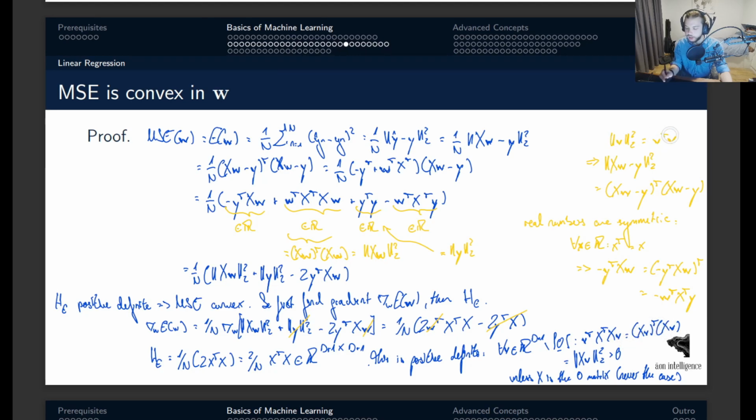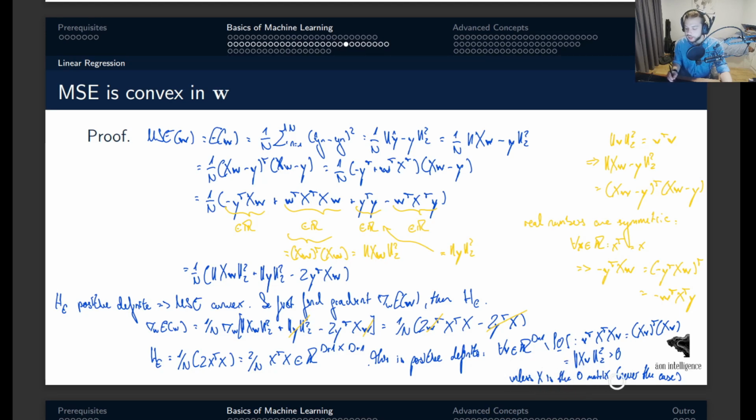And recall again that such an expression is the squared L2 norm of the argument of the braces. And we arrive at this expression being equal to the squared L2 norm of Xv. And the squared L2 norm of any vector is positive, unless the vector in it is the null vector.